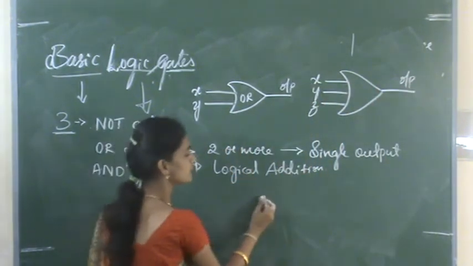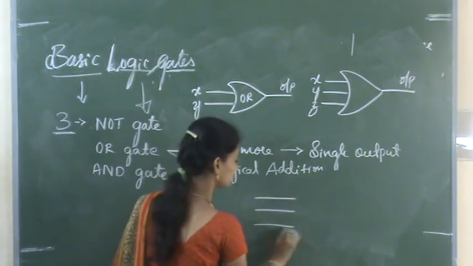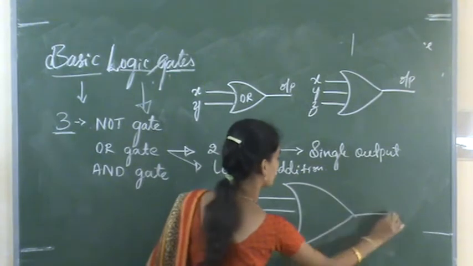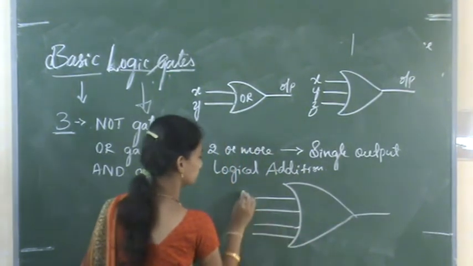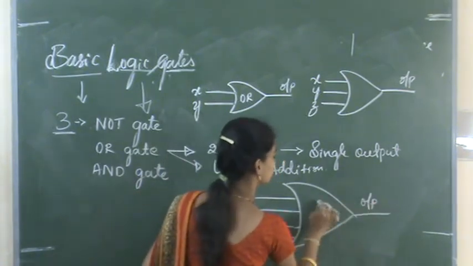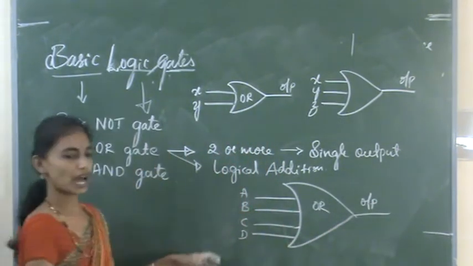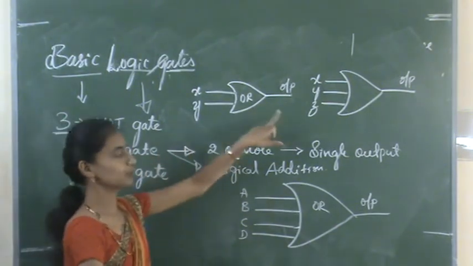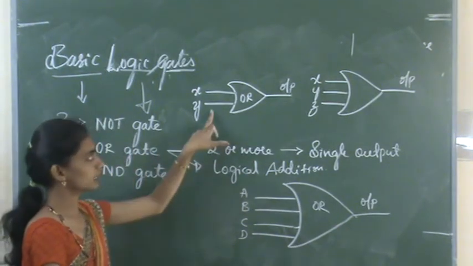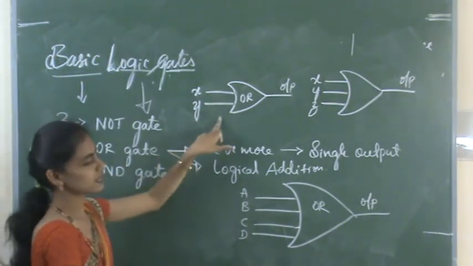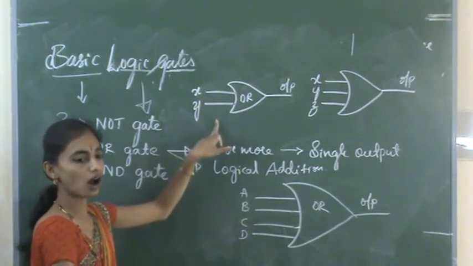If it has 4 inputs, like this we represent the OR gate. Based on the inputs, we represent the gates. In general, we use 2 inputs. So this is the symbol to represent the OR gate.